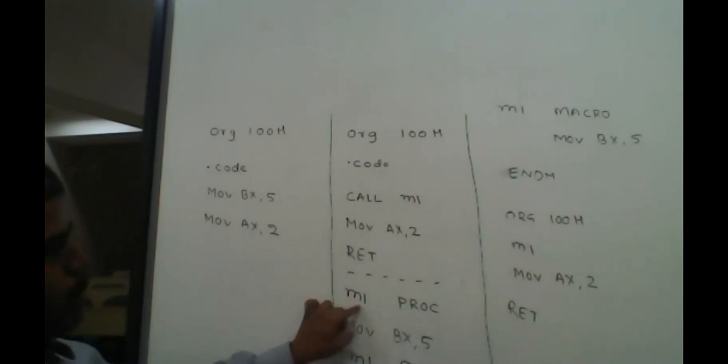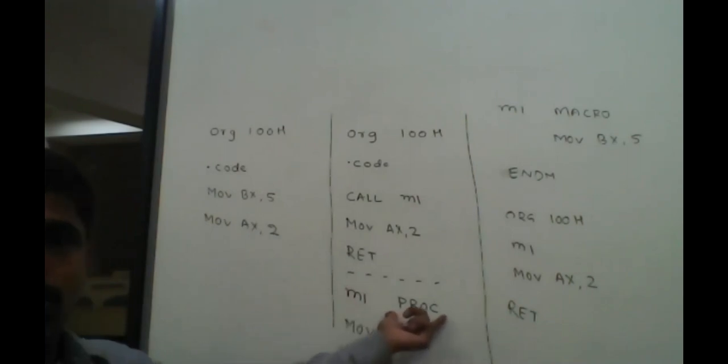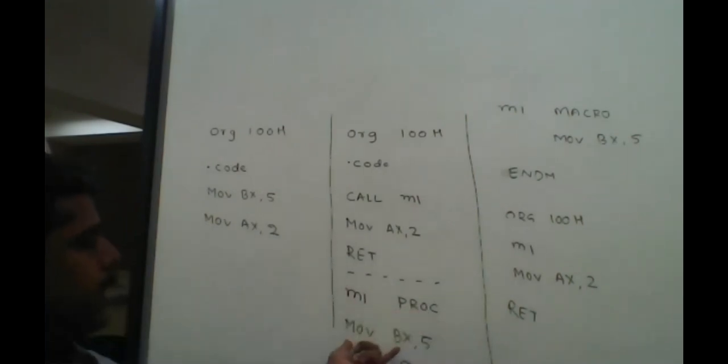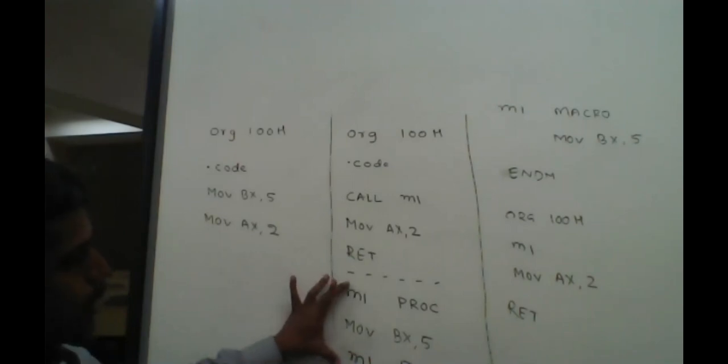The procedure name, then the keyword procedure PROC. Then inside the procedure, what we are doing is move bx comma 5. Then you end that procedure with the keyword endp. Okay. So this is a procedure.